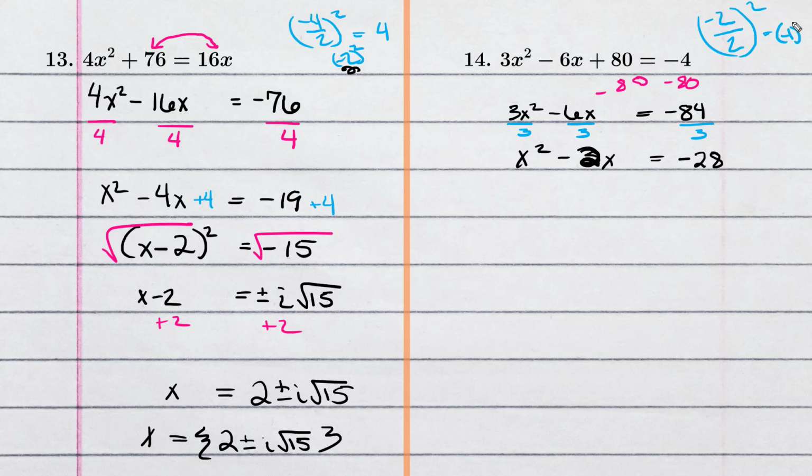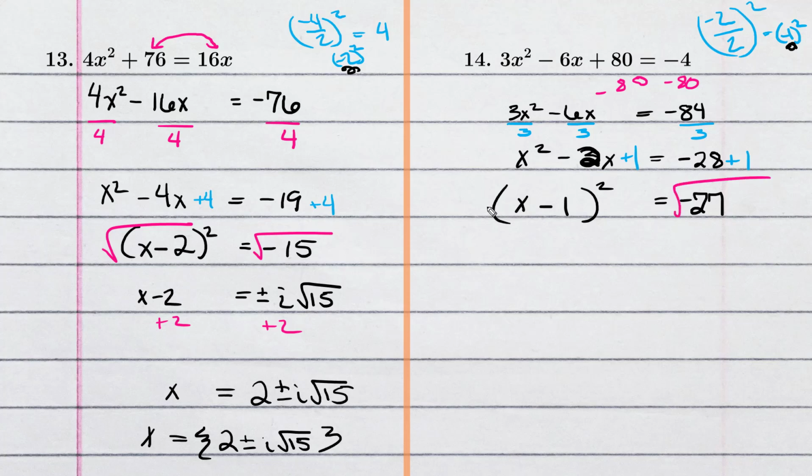So what I'm squaring is negative 1. So I add 1 to both sides. And so when I factor it, it's going to be x minus 1, because that's what's in the parenthesis here, squared is equal to negative 27.